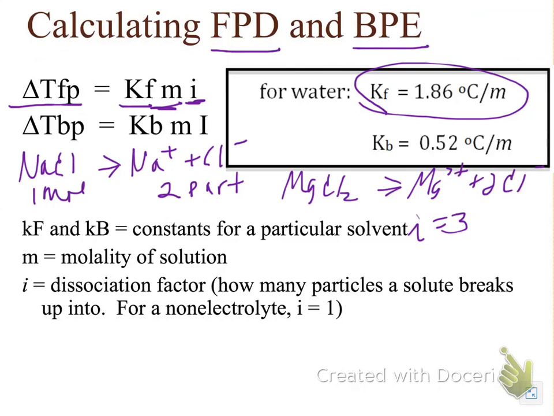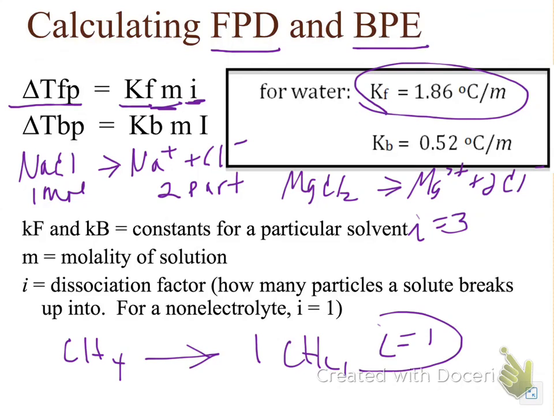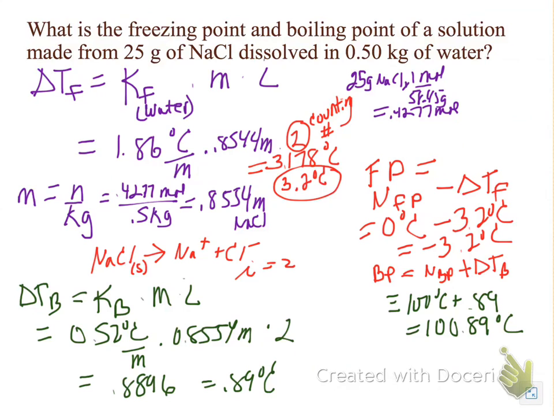And of course, if I have a covalent compound, let's say like methane, it does not break apart, so I end up with the same thing. So my i is going to be 1, and that is always true when I have a covalent compound or what's considered to be a non-electrolyte. If the substance does not break apart into more than 1 particle, my i is 1. Okay, so let's take a look at how we use this.